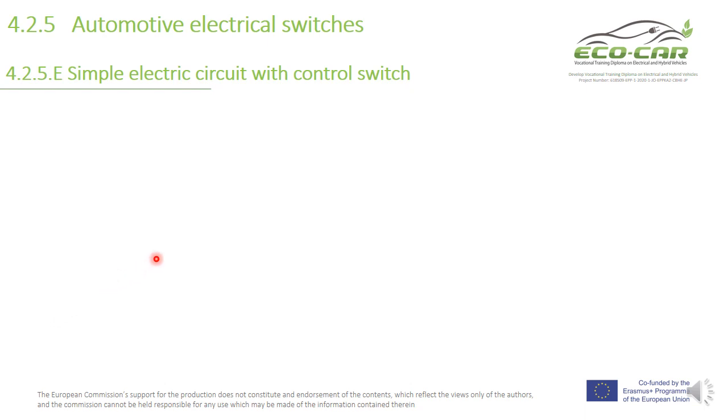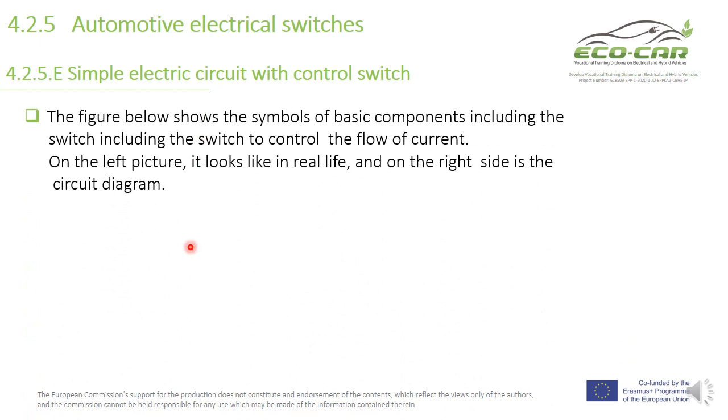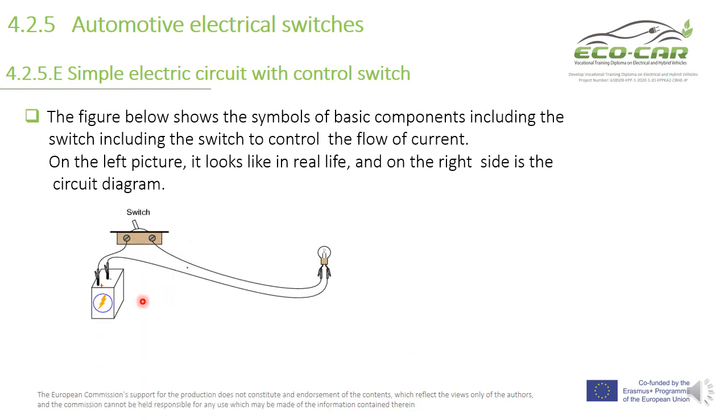Simple electric circuit with control switch. The figure below shows the symbols of basic components, including the switch. The switch controls the flow of current, as we said before. On the left picture, it looks like in our life.